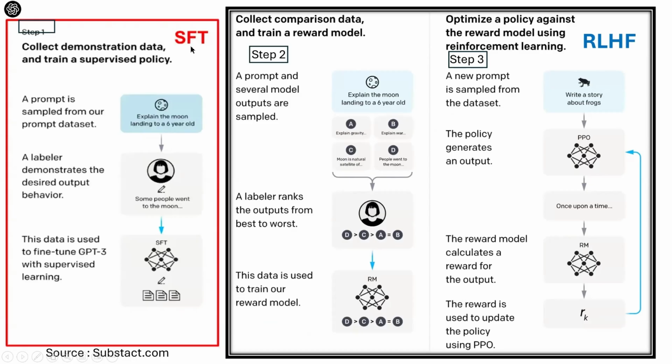Supervised fine-tuning generally means that we train the model with labeled data. We have labeled data of the tasks that we want the model to learn, and we say this type of task has this label, this type of task has this label. We train the model with those labeled data and the model understands how to perform those tasks. That is basically what supervised fine-tuning means.